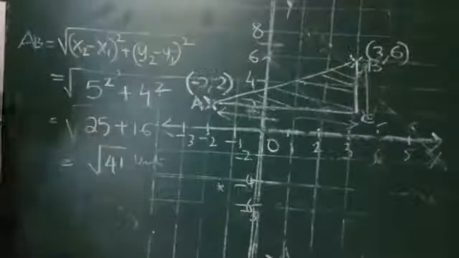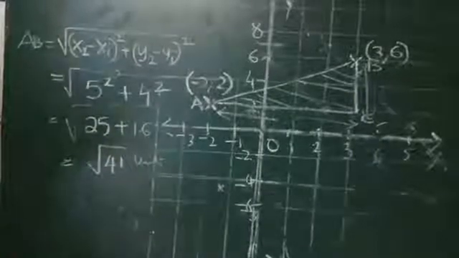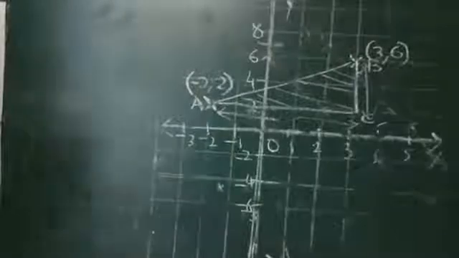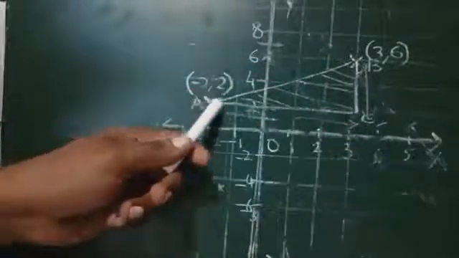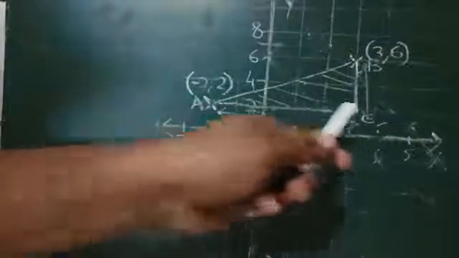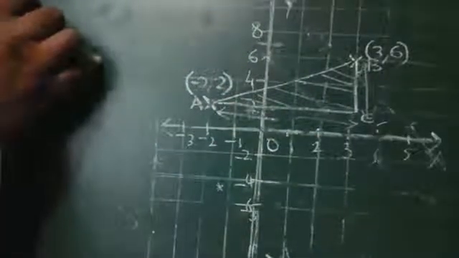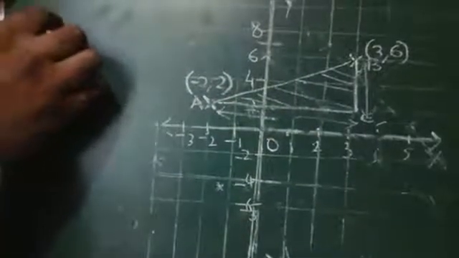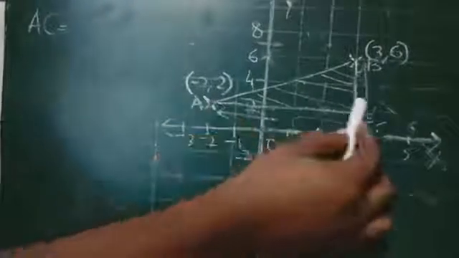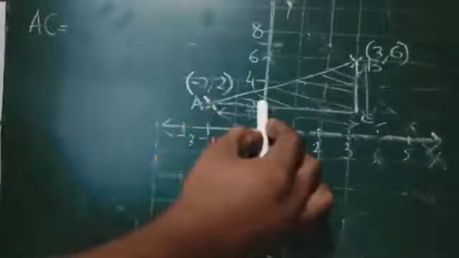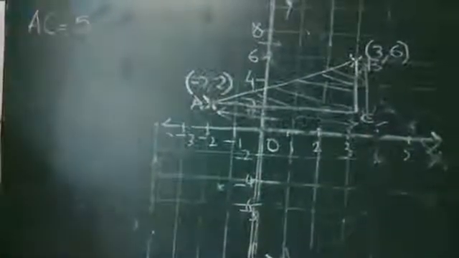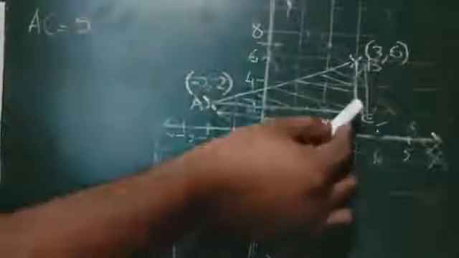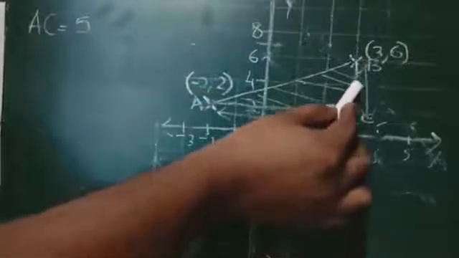Okay, but if we use Pythagoras theorem, we have to complete the right triangle, and now we have to find this distance, the length AC. What is the length AC? A to C, what is the length? 1, 2, 3, 4, 5. And the length BC is 2, 4.